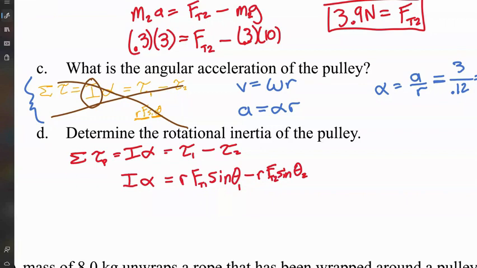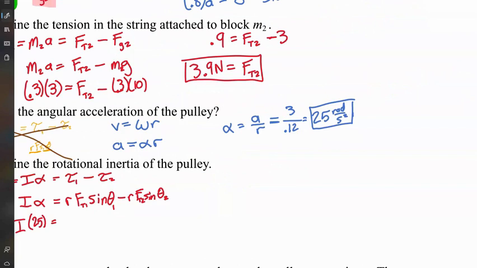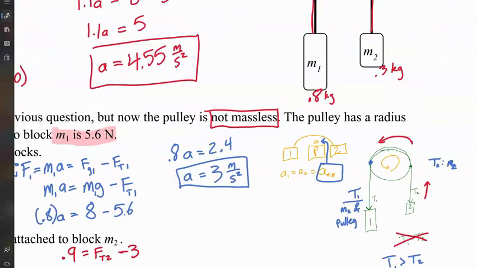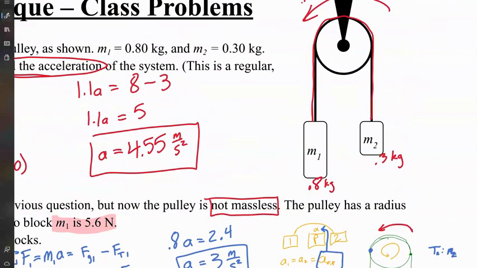All right, well, we can start plugging in numbers now. Alpha, we said, was 25, is equal to, and then remember R, I'm not just going to automatically plug in the radius of the wheel. I want to make sure that the torque is acting at that point that we know of. If you look, here's the contact point of the string.